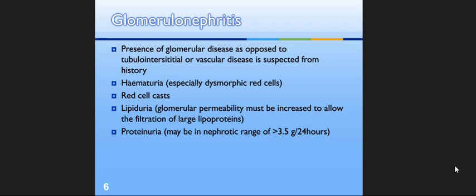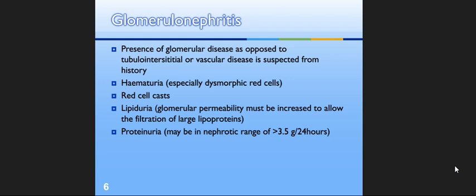Sometimes we have red cell casts, which is a rigid pathologic sign in the urine analysis, and it points to the glomeruli itself. We have lipiduria, I mean urination of lipids.